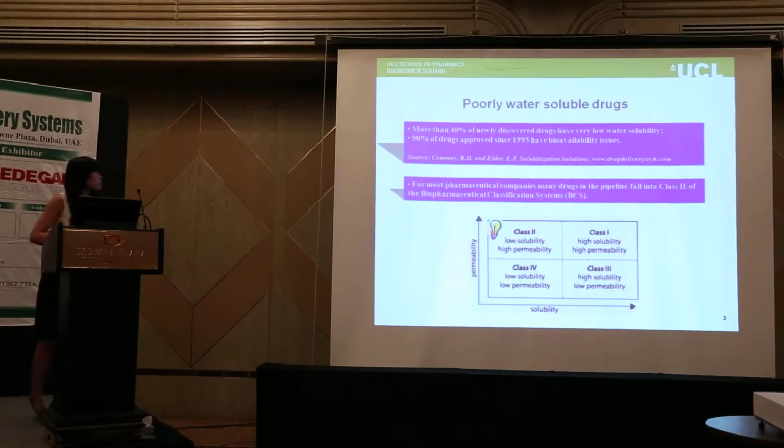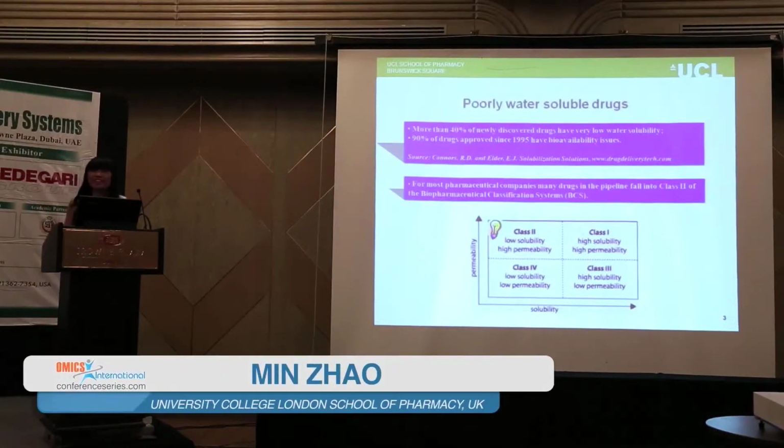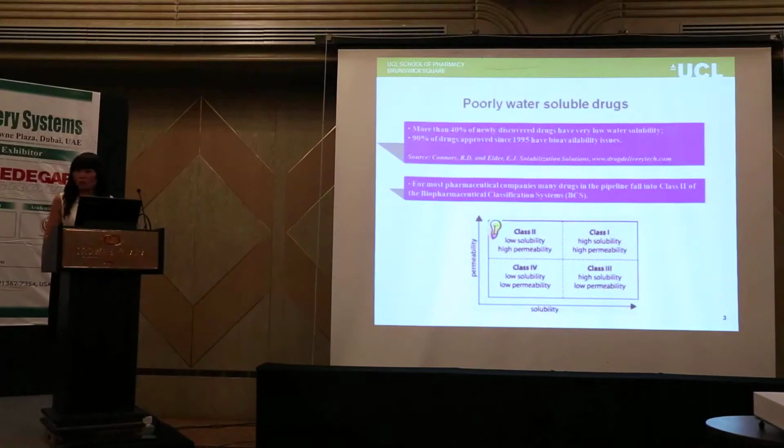In terms of poorly water-soluble drugs, this morning Dr. Arun Saha briefly mentioned, when you try to deliver anti-cancer drugs, making the solubility issue the top one. I think that really applies to every area in the pharmaceutical arena.